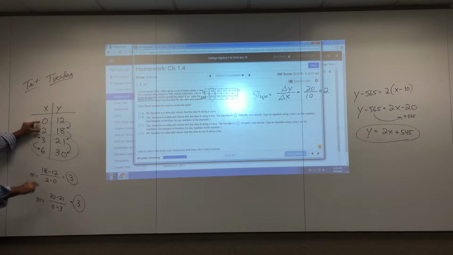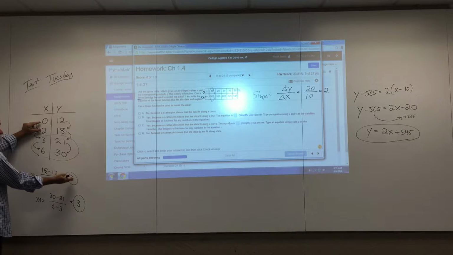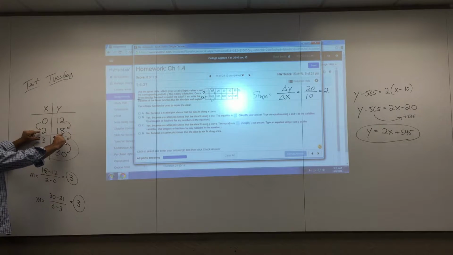When this changed 2, this changed 6. That's 6 over 2, a ratio of 3, a slope of 3. When this changed 1, this changed 3, a slope of 3. When this changed 3, this changed 9, a ratio of 3. It's got a slope of 3. It's a line.